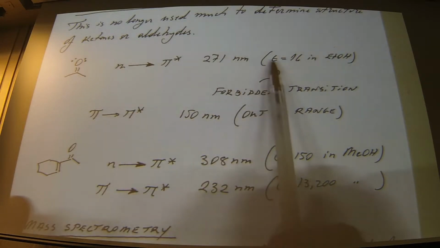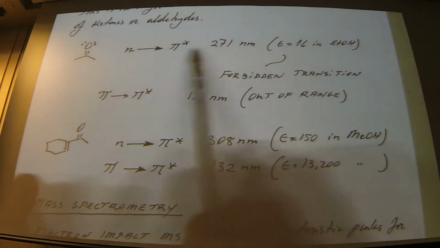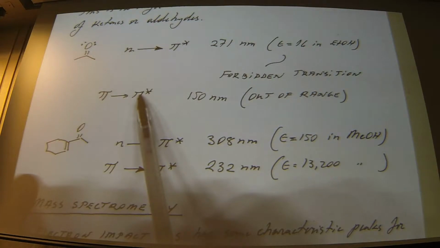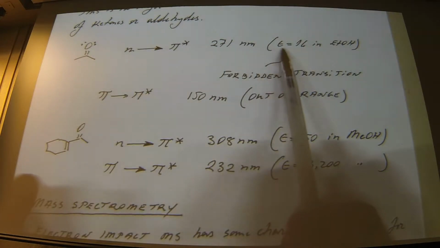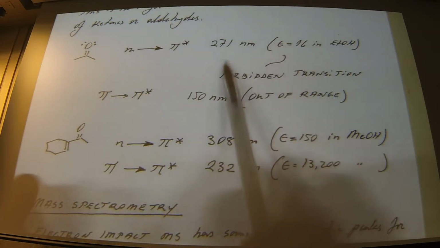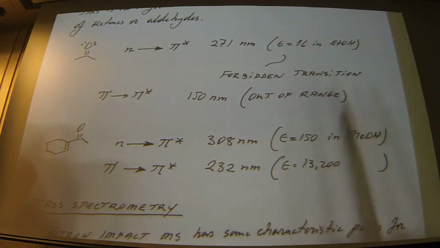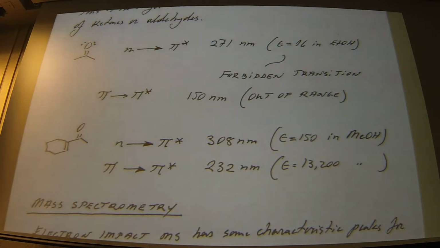Now, these two peaks: this is a weak peak, that's a strong peak. And the reason this is weak is that this is called a forbidden transition. Now, what does that mean? When you hear about forbidden or allowed, and we're going to see this in a slightly different context in the last chapter of the semester, what that means is that a forbidden transition is unlikely. Okay, it doesn't mean that it's completely forbidden.